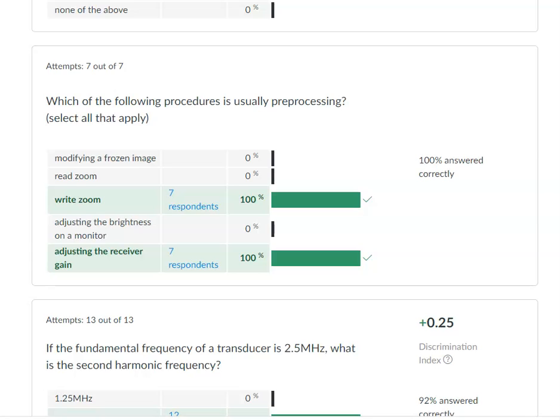And also correct is adjusting the receiver gain. Because it says usually pre-processing is why I selected adjusting the receiver gain, because that also can be a post-processing function depending on the machine. Interesting. Well, everyone got it right, so that's good.